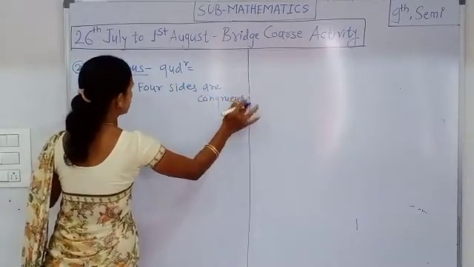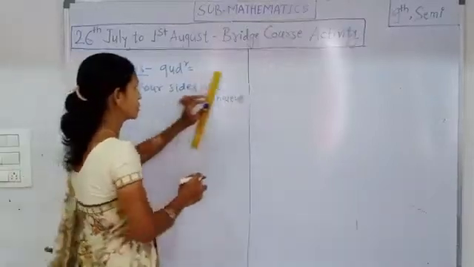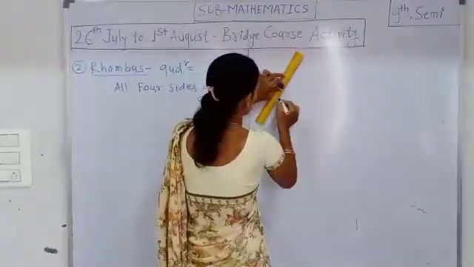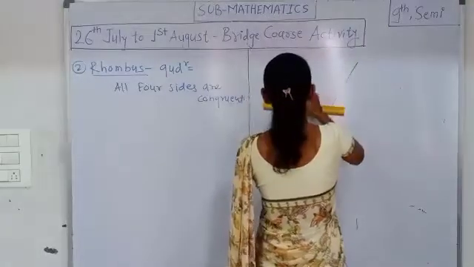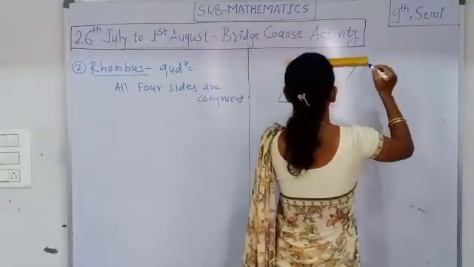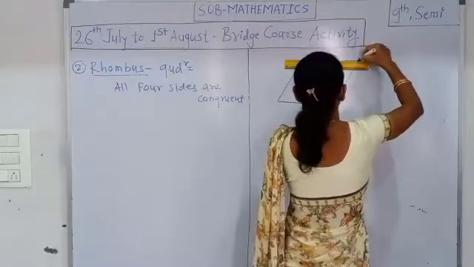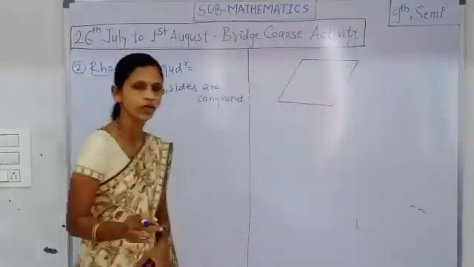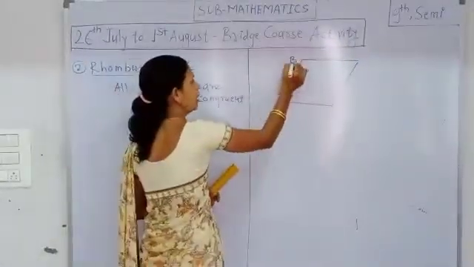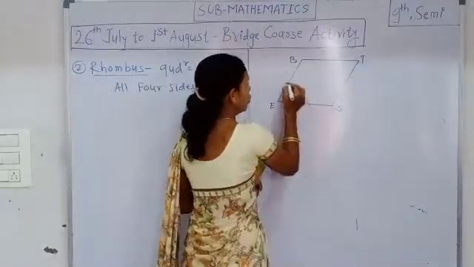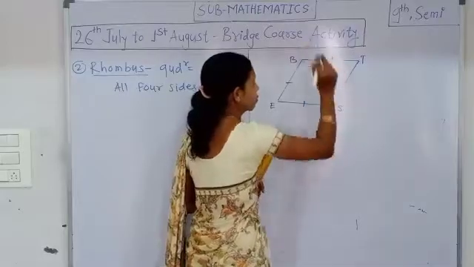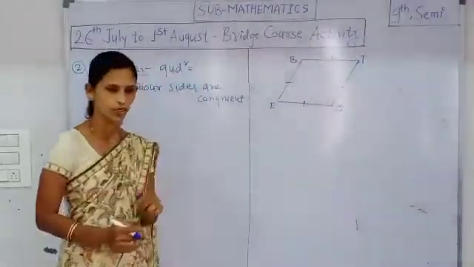Then that quadrilateral is called a rhombus. Suppose the quadrilateral given here is quadrilateral BEST, of which four sides are congruent, then it is a rhombus.